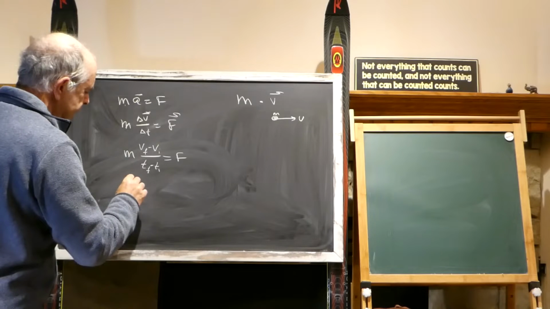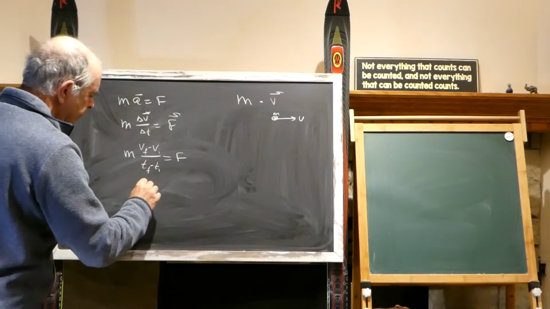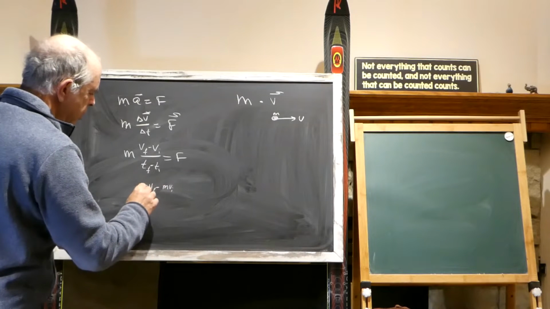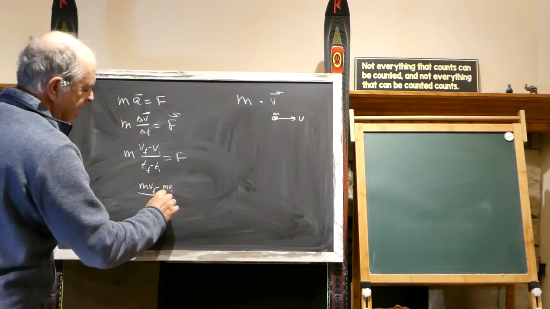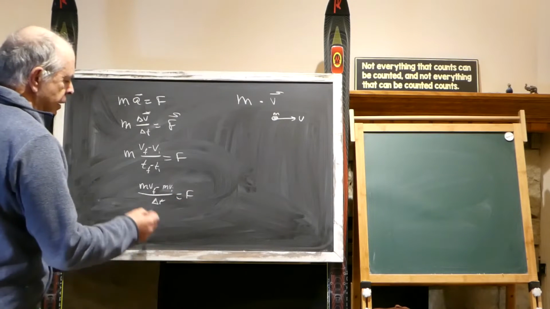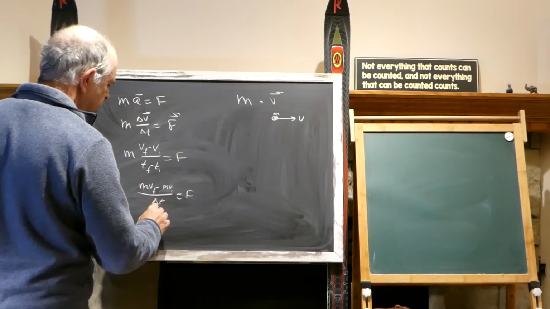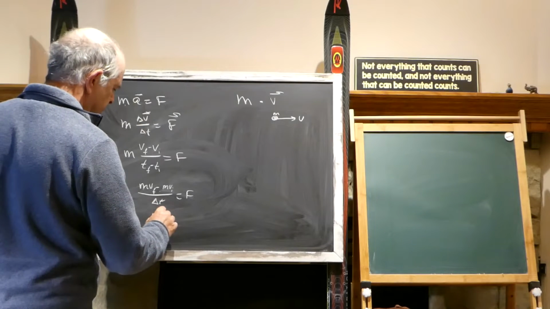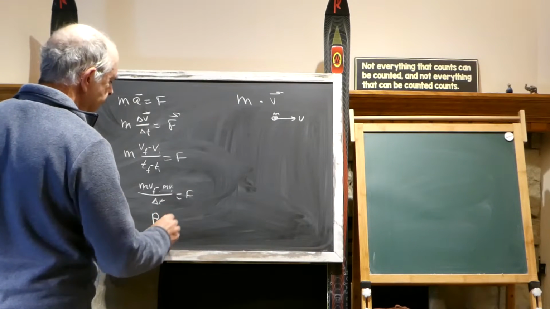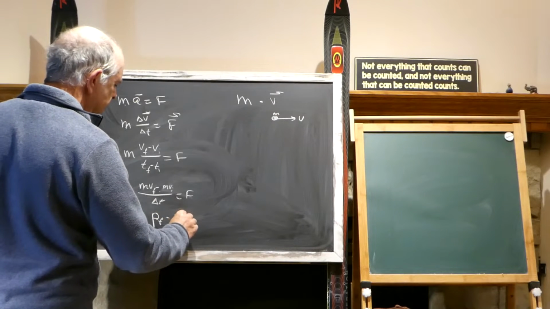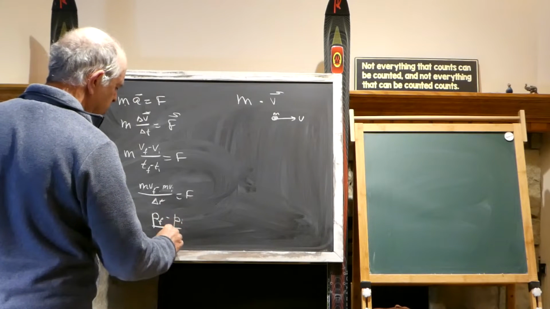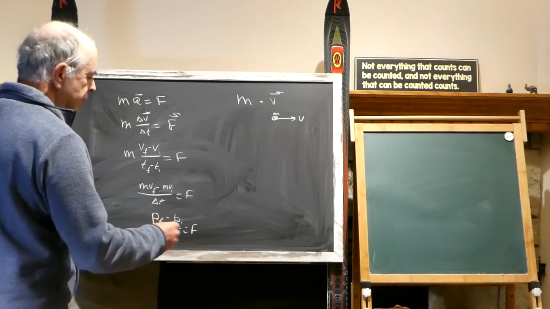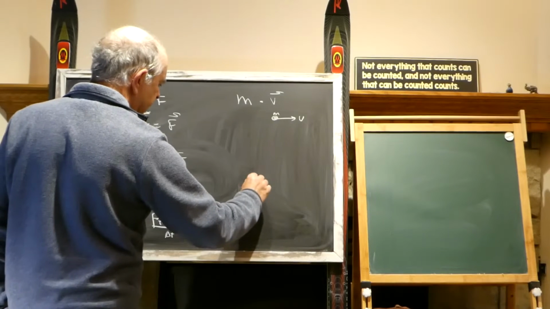If we multiply m on this, we have mv final minus mv initial over delta t equals F, and mv would be momentum. Let's put p, momentum: p final minus p initial divided over delta t equals F, and p final minus p initial is delta p.